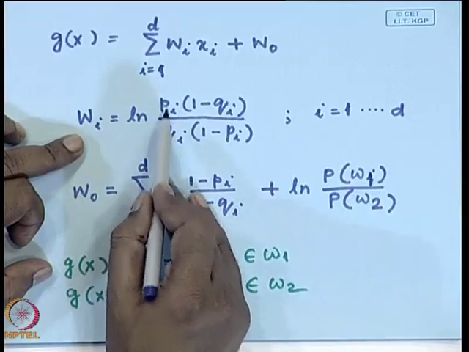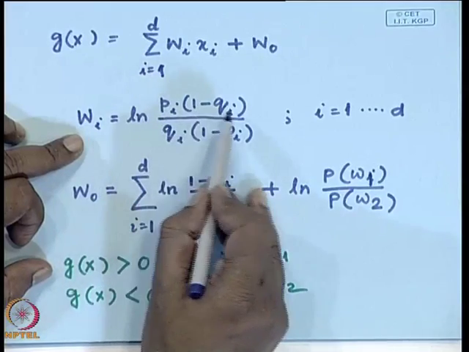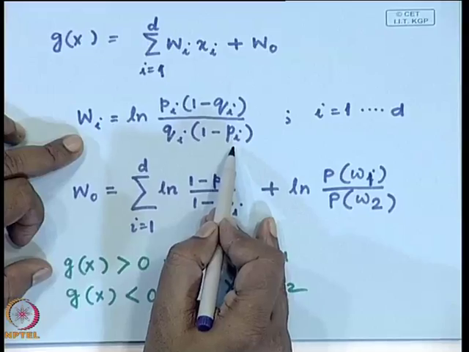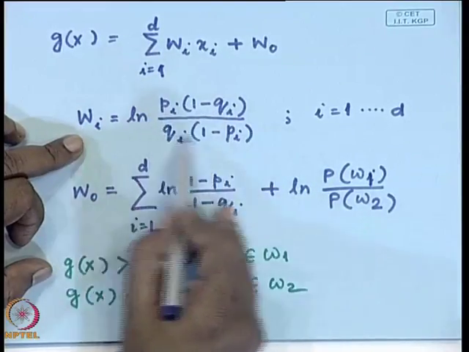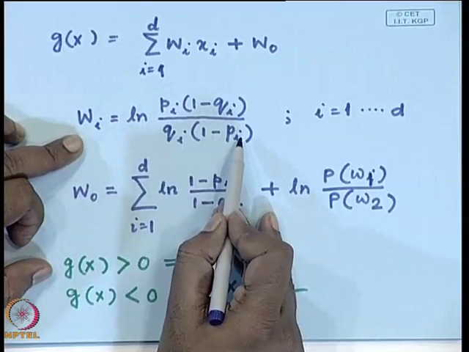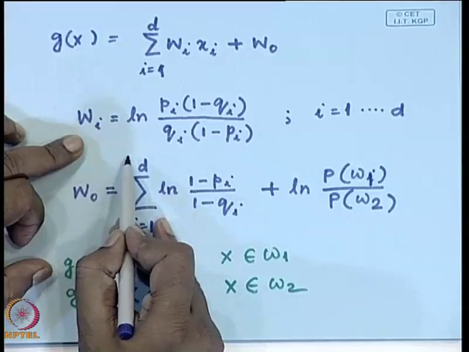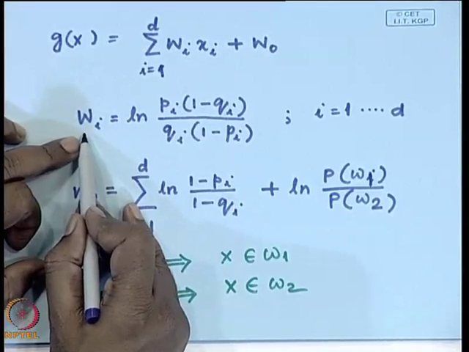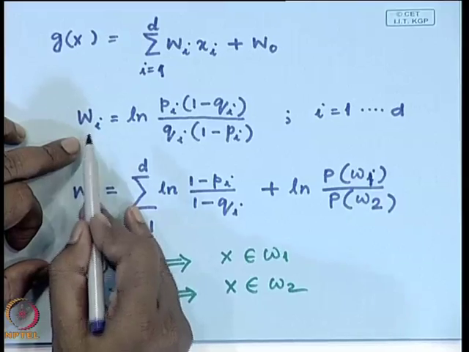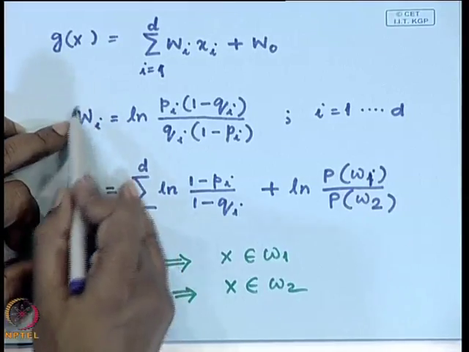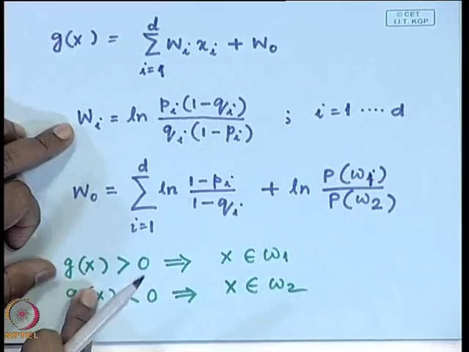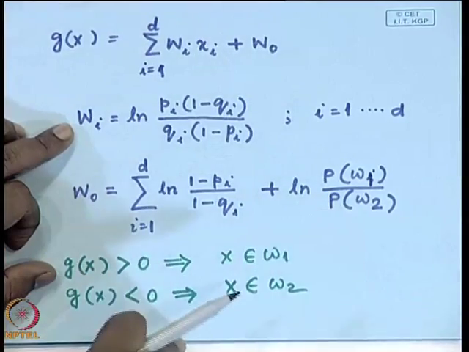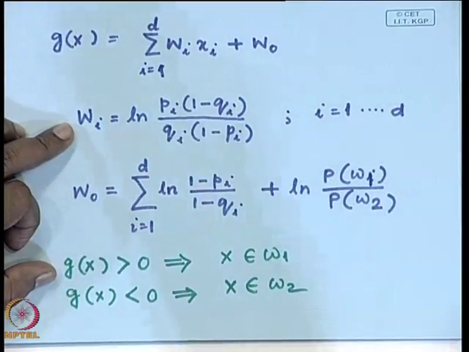Is it okay? On the other hand, if p I is less than q I, right. So, 1 minus q I will be less than 1 minus p I. So, numerator becomes less than the denominator. So, this term is a fraction which is less than 1, log of this will be negative. That means, w I in that case is negative. If w I is negative, that means the corresponding x I into w I is trying to make g x less than 0, whether it will be less than 0 or not depends upon other w I into x I terms.